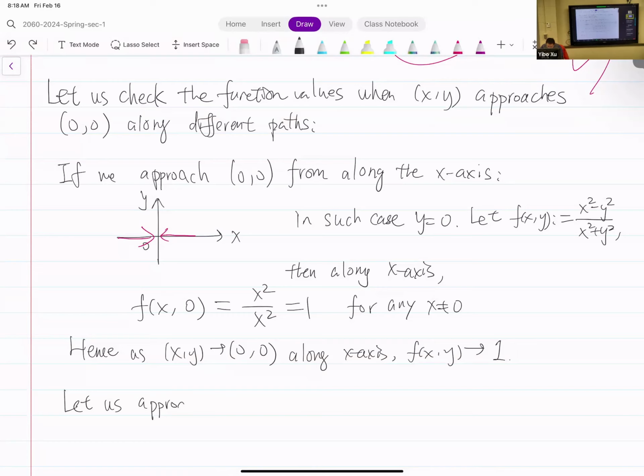So here you can see for this kind of question, there's indeed a lot of freedom of directional choice. Okay, but so that's what makes multivariate calculus hard in a sense. You always have freedom of choice. So here along the y-axis, x equals 0 now.